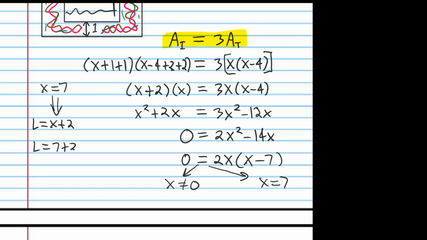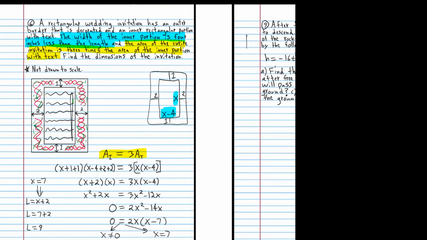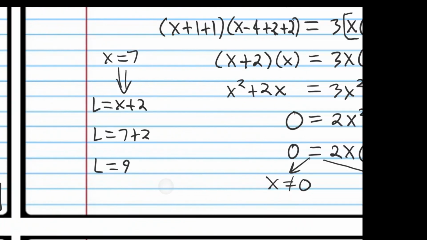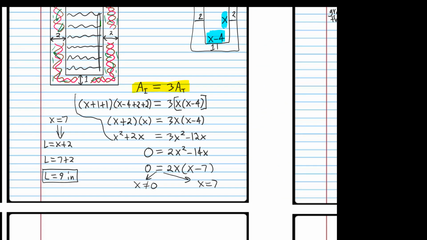So 7 plus 2 is equal to 9, and the units are inches. So we can say IN. And I'm going to make a border there. So now we know if we plug in 7 to the width, we know the width is equal to x. Therefore, the width is equal to 7 inches.